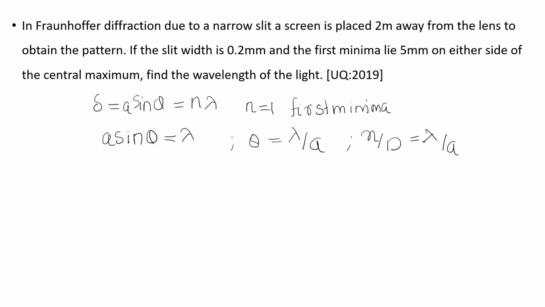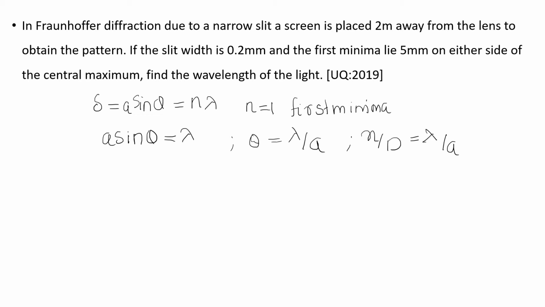That is, when the convex lens is placed very close to the slit, the focal length of the lens is equal to the distance D between the slit and the screen, and we are considering theta to be very small, so we can write theta is x by D. Here x is the distance of the first minimum from the central point O, as we have studied in the derivation.